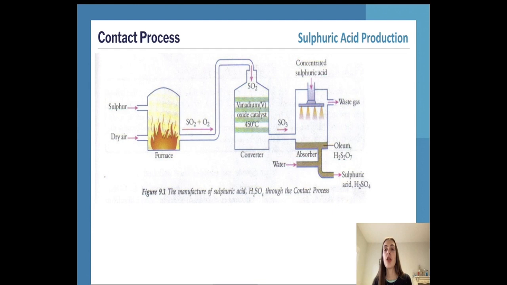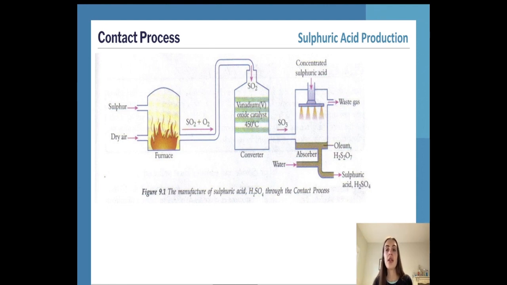We know it's not going to produce any greater percentage of sulfur trioxide in the equilibrium mixture, but if we do achieve that equilibrium quicker, we can obviously then go on to produce more if we're doing it at a faster rate. However, when we consider rate, in the absence of a catalyst, this reaction is basically so slow that virtually no reaction is going to happen in any sensible time.